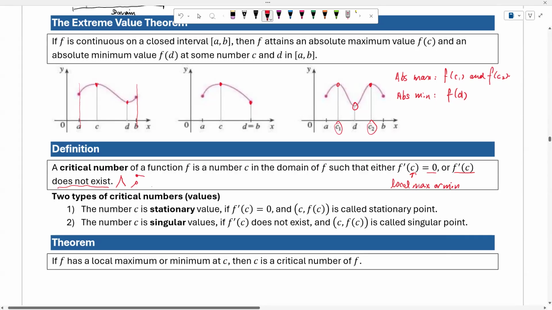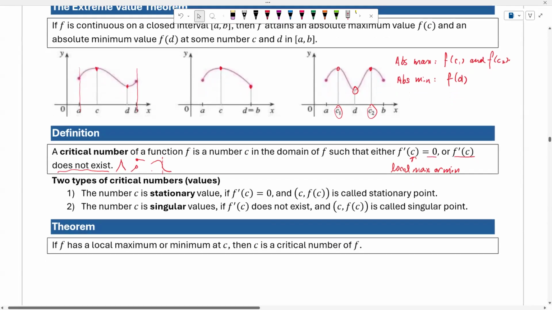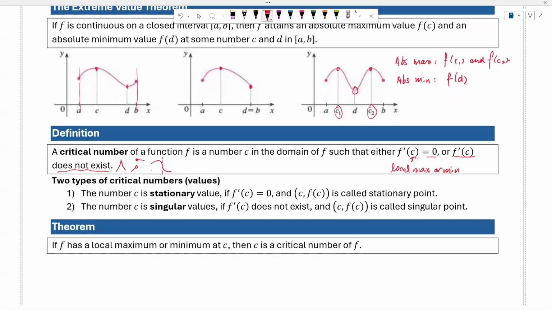Or sometimes we may have vertical asymptotes, which means a vertical tangent line, right? But right now, because most of the time the function f that we are talking about is a continuous function, we usually omit this case.